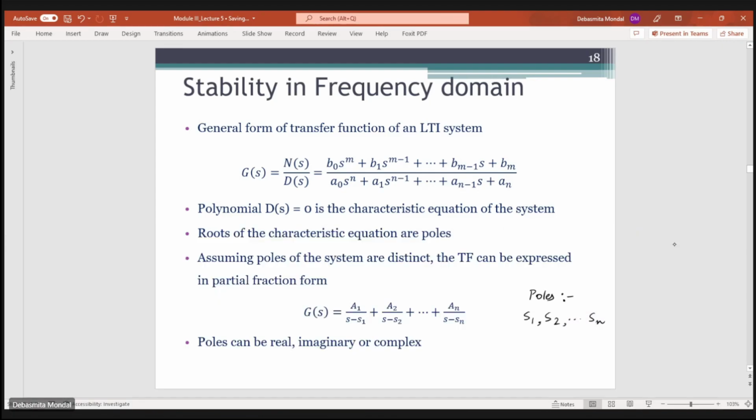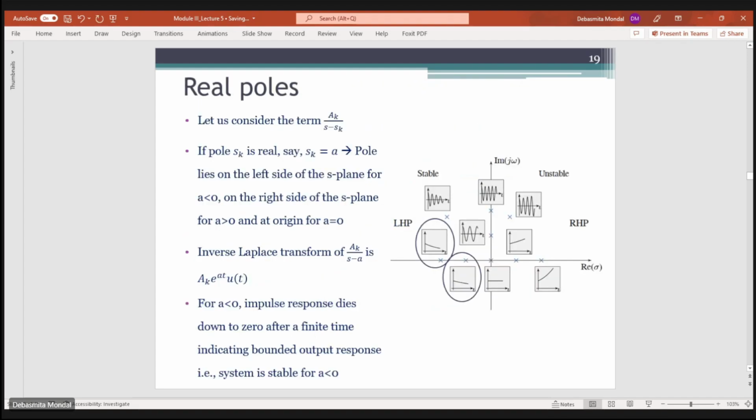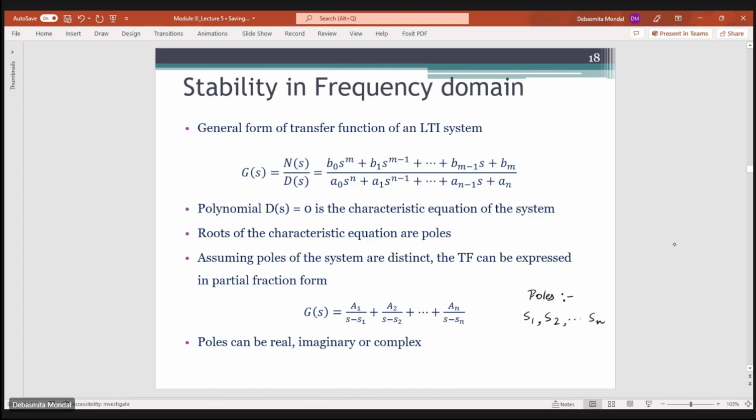These poles can be real poles, imaginary poles, or complex poles, depending on the coefficients present in the system. Now let's say your system has a real pole. Consider the general term ak by (s minus sk).